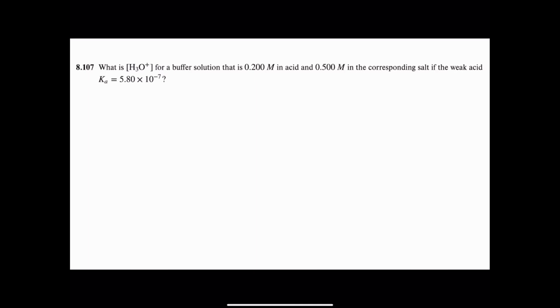So let's write down a generic equation. If I have a weak acid and I put that in water, it's going to partially dissociate to give me the conjugate base of the acid plus hydronium ions.